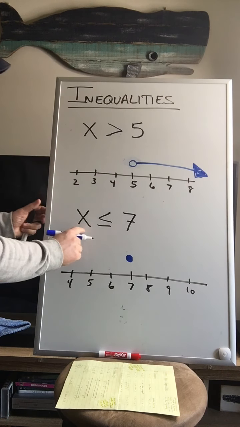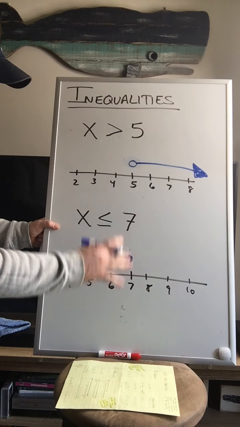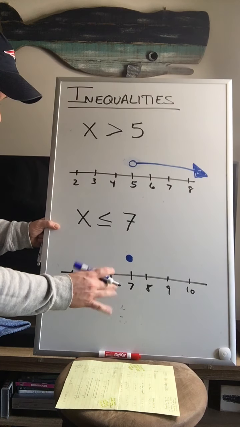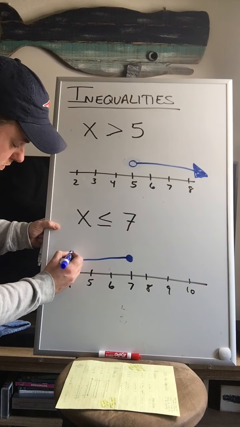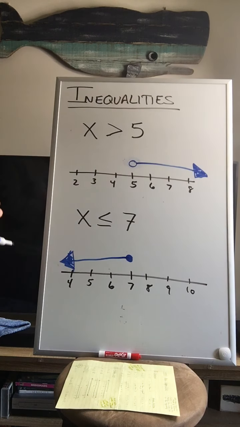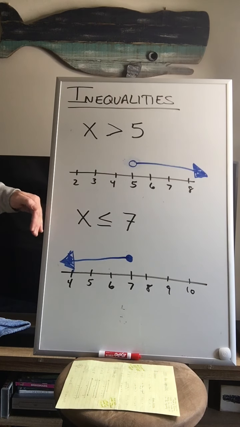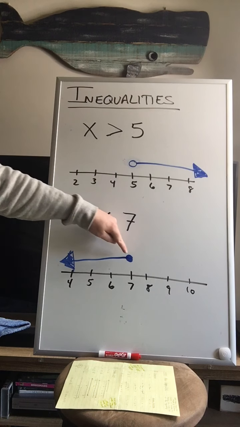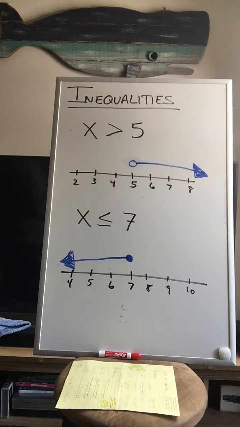And then this is saying x is less than or equal to 7. So where are the numbers on this number line less than 7? This way, right? So you draw the arrow going this way. So this is showing all the numbers that are less than or equal to 7. It's colored in because it includes 7, and all the numbers this way are less than 7.